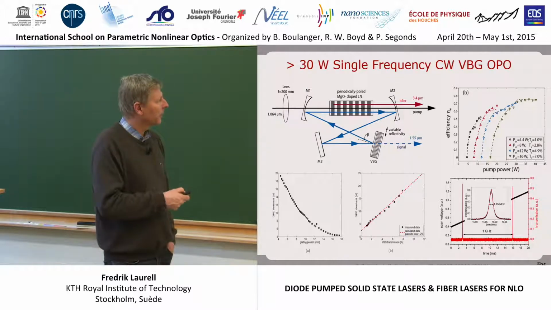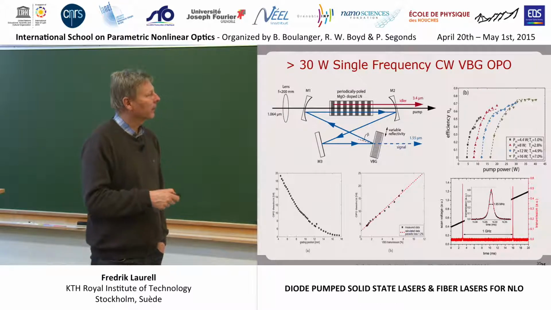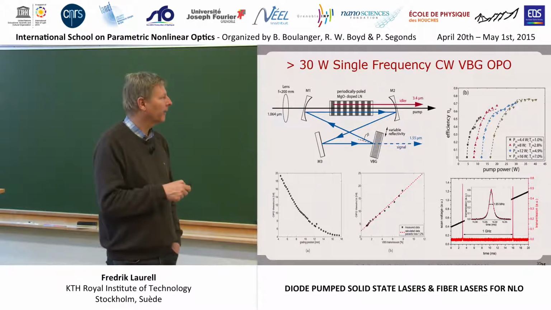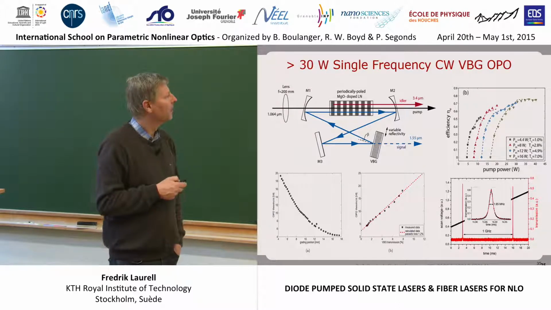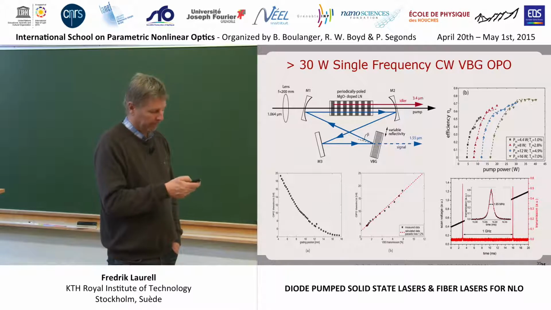But the point here is that depending on how much pump light you have, you can choose the reflectivity of the VBG to transmit the right amount of light and leave the rest in the cavity. So run it something like 2.5 times over threshold, which is the optimum. And here are just the graphs of the grating position and the reflectivity.